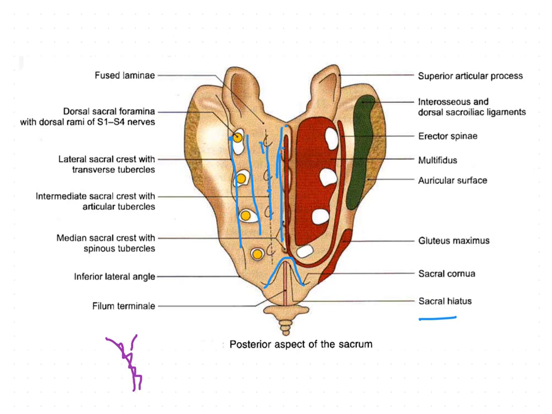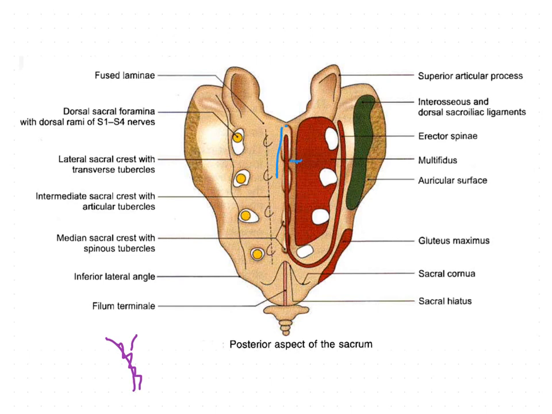The first one is the median sacral crest. This median sacral crest is a raised, interrupted crest in the median plane which bears 4 spinous tubercles. Here you can see the crest is not continuous and is interrupted.